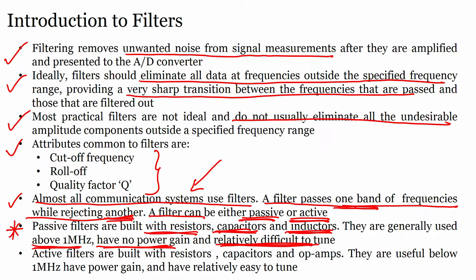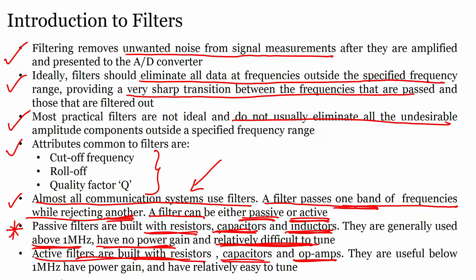No power gain because there is no op amp, no transistors, no active components and there is no feedback, so we cannot change the gain; there is no power gain. It is difficult to tune and generally they are not used at extremely low frequency, right. Now, active filters are built with resistors, capacitors and operational amplifiers.